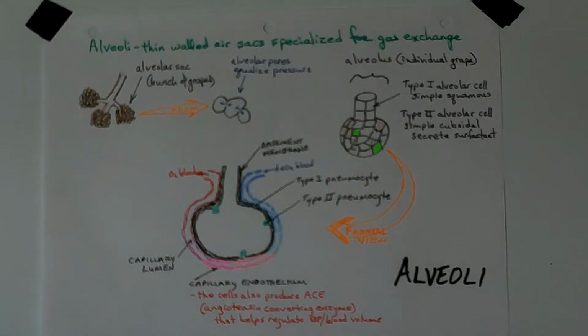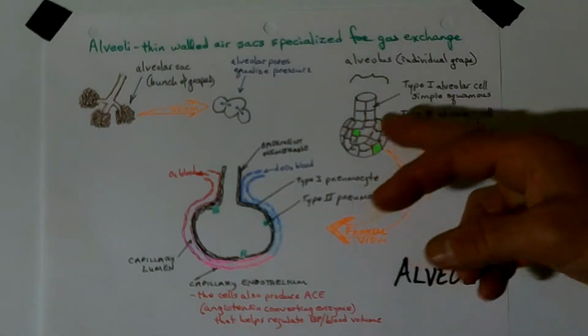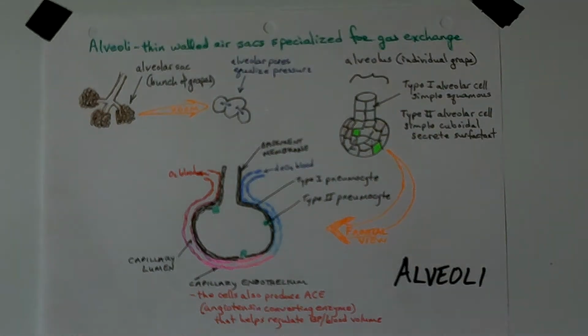Now, along with those at various intervals, we have the type 2 pneumocytes, or the type 2 alveolar cells. These are simple cuboidal, so they're raised up somewhat, and these are responsible for secreting surfactant. They also happen to be the target cell of the COVID-19 virus. But surfactant is absolutely required for life.